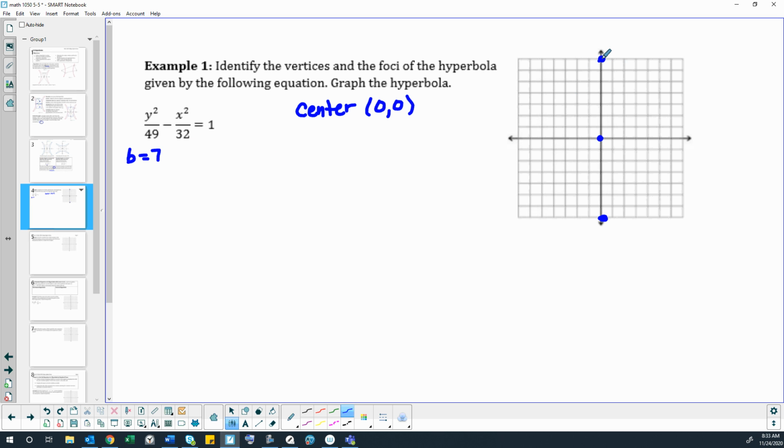Up to you if you want to do something like that. Okay, so these are our vertices? Yes, because y is squared, and so this is going to open upward and downward as opposed to left and right. I just started saying left and writing left when I meant to write down.